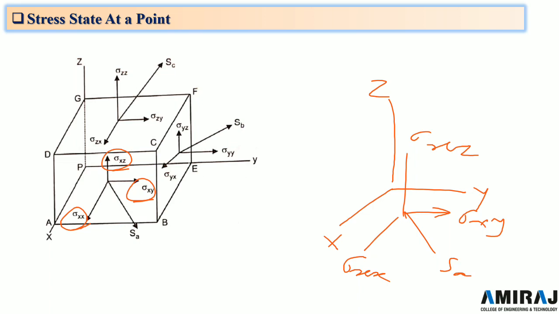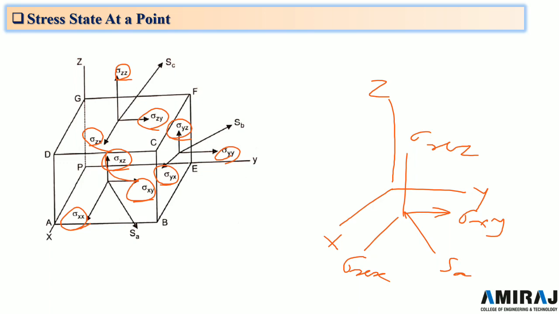From the above, it is clear that the stress state comprises 9 components as shown in the figure: 3 components for SA, 3 components for SB and 3 components for SC, total 9 components. However, the 3 shear stress components sigma xy, sigma xz and sigma yz are respectively equal to the 3 components sigma yx, sigma zx and sigma zy.